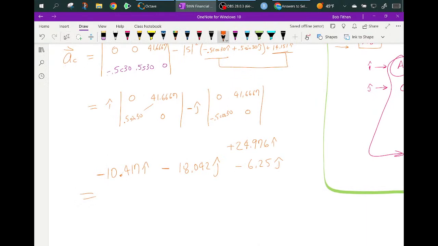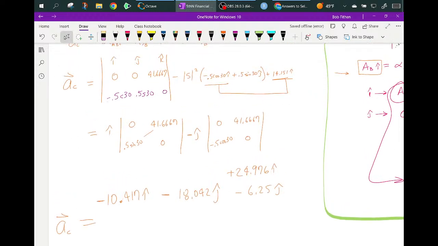So what do we end up with? The acceleration of C is equal to, okay, 24.9. Okay, let's see.